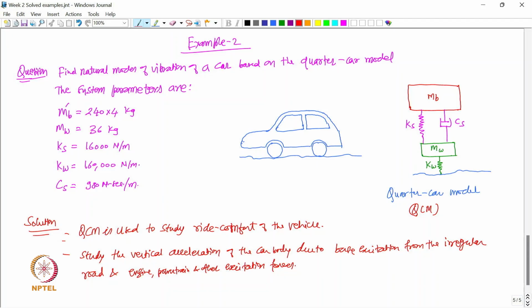Therefore, in this particular problem we have been asked to find the natural modes of vibration of this system. So, let us go to the next page now.